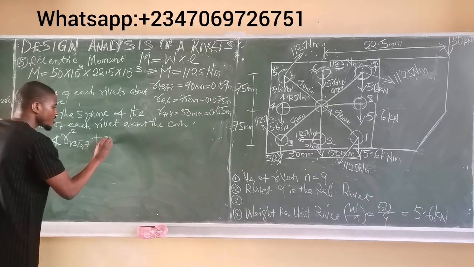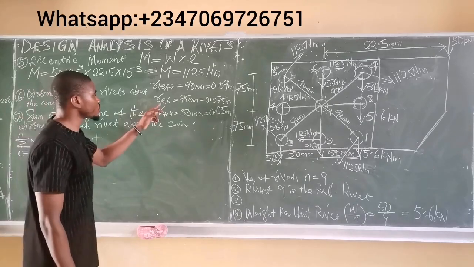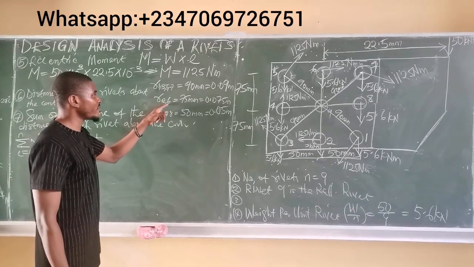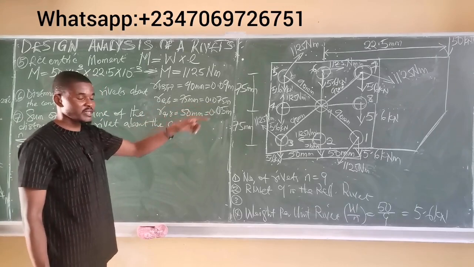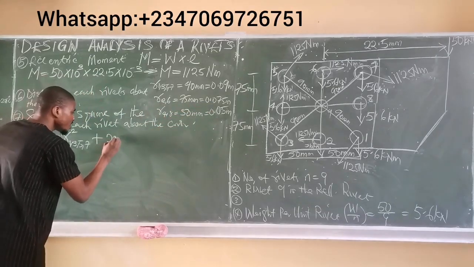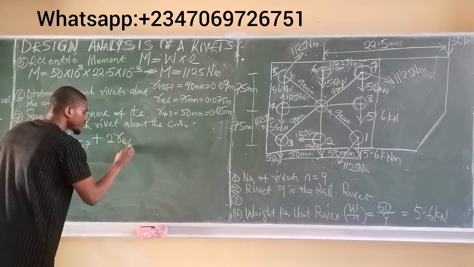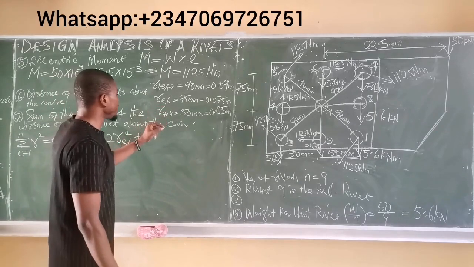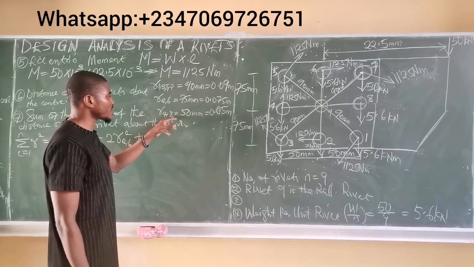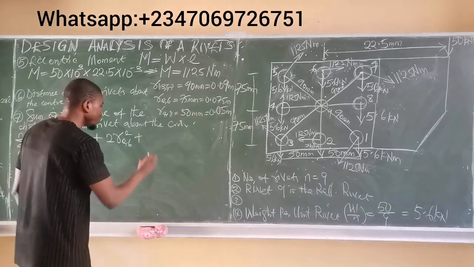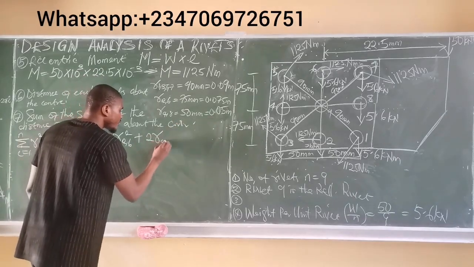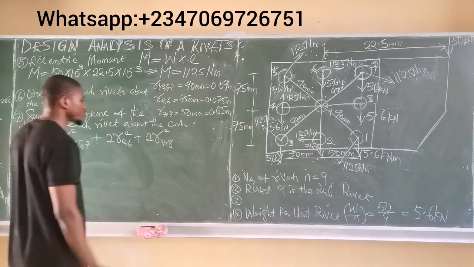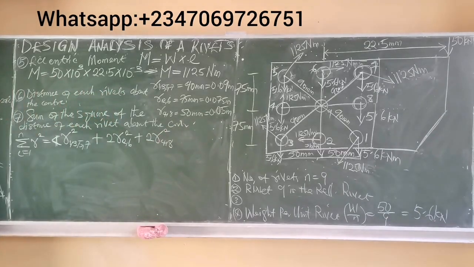Plus we have rivet 2 and rivet 6, two rivets following the same distance to get to the center, so it becomes 2 times r2,6 all squared, plus finally rivet 4 and rivet 8 also taking the same distance to the center, so it becomes 2 times r4,8 all squared.